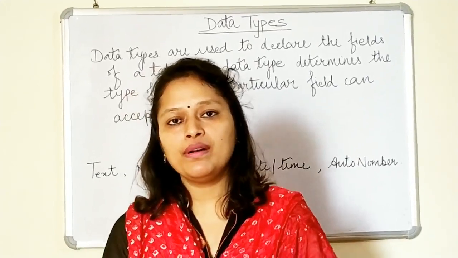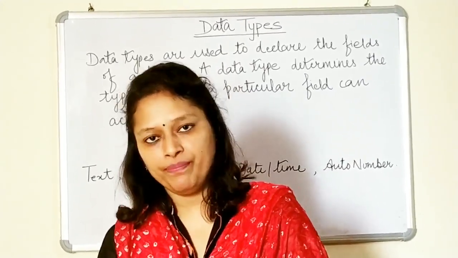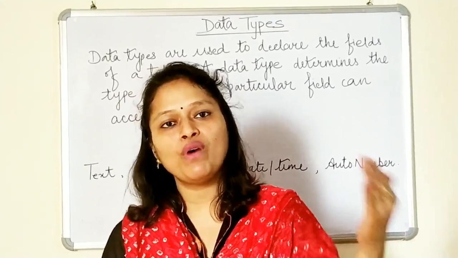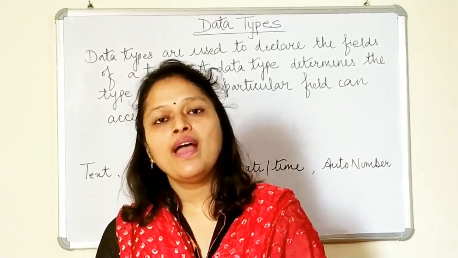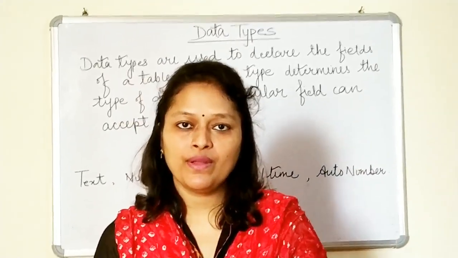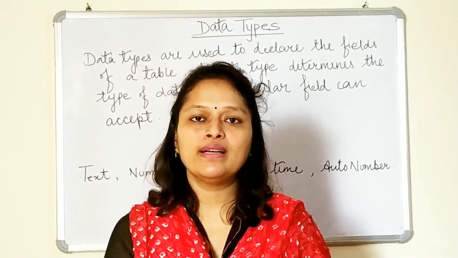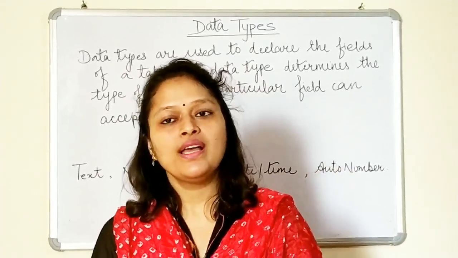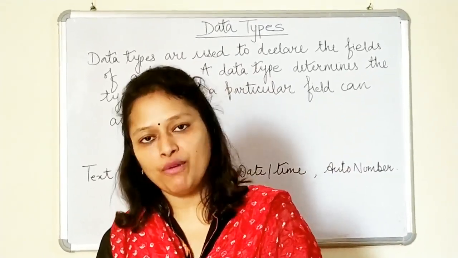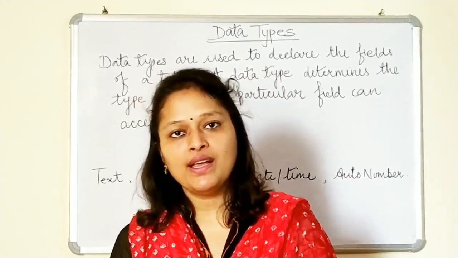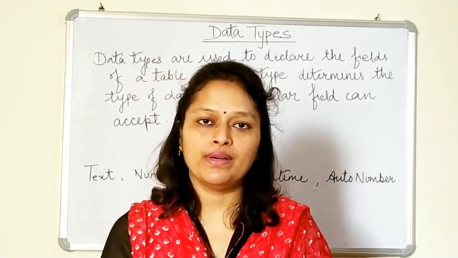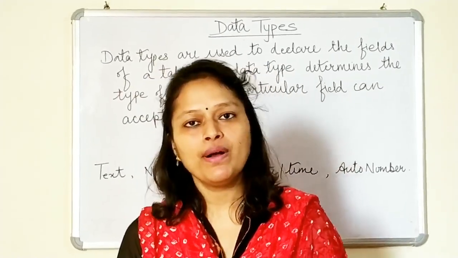Now for serial number, the data type should be number, because the serial number can be 1, 2, 3, 4 and so on. And for the name, you would require text because a name cannot be in number format. It should be text. Now for roll number, it should be number or text.